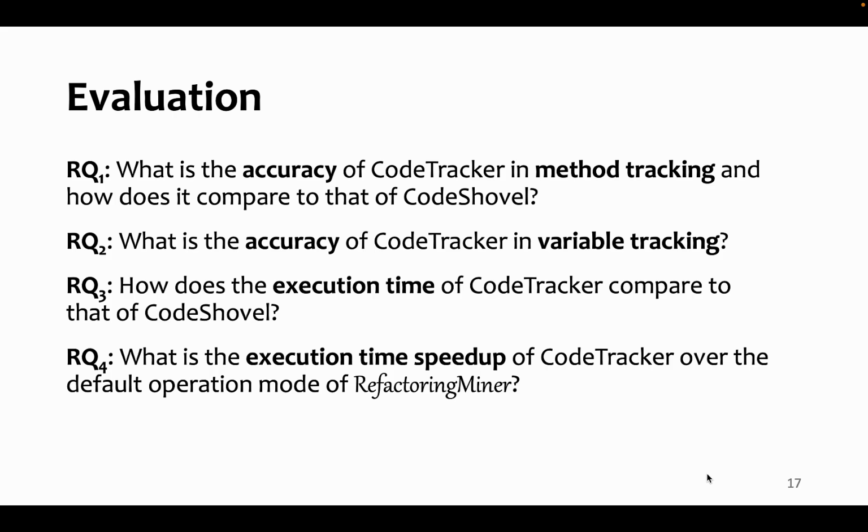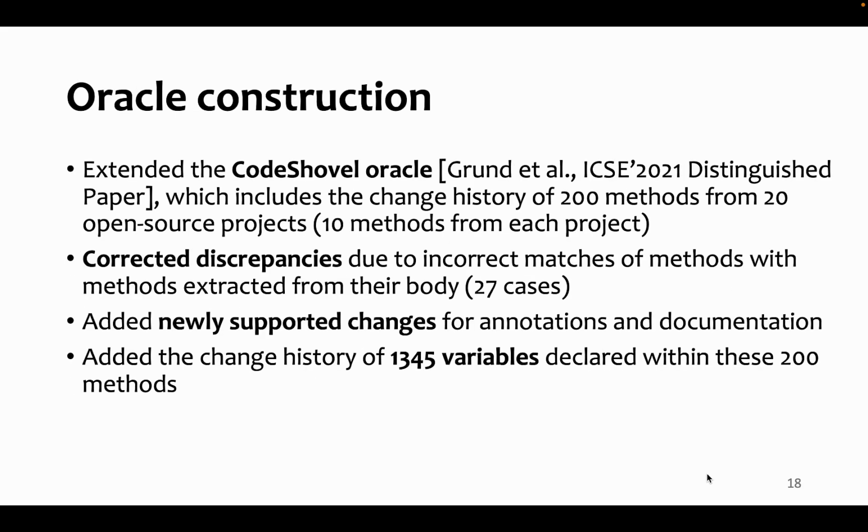In order to evaluate our tool, we examined 4 research questions that are related to its accuracy and its execution time. In order to evaluate the accuracy, we extended the CodeShovel oracle, which includes the change history of 200 methods from 20 different open source projects.